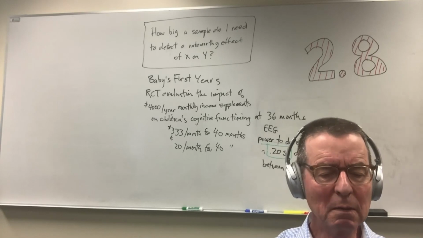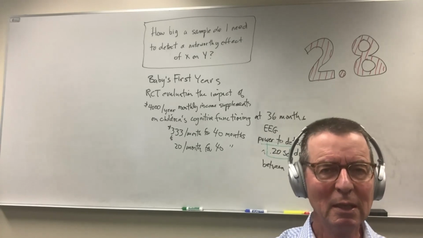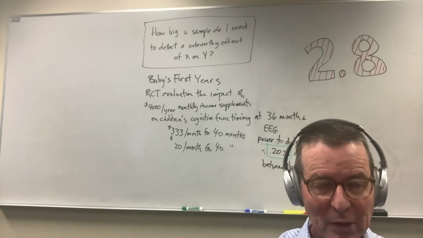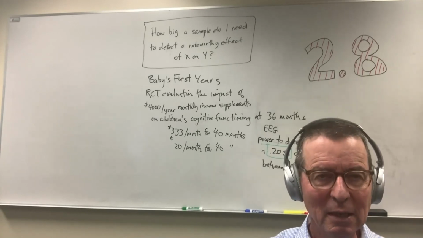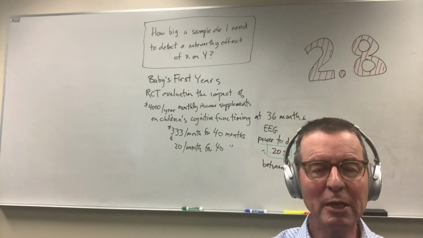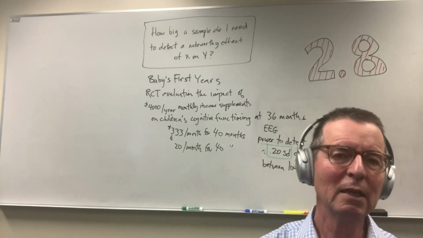So if you think about the example, we looked at G power, it gave us 800 as a sample size needed to detect with 80% probability a 0.20 standard deviation impact, right? 5% significance level, two-tailed test.